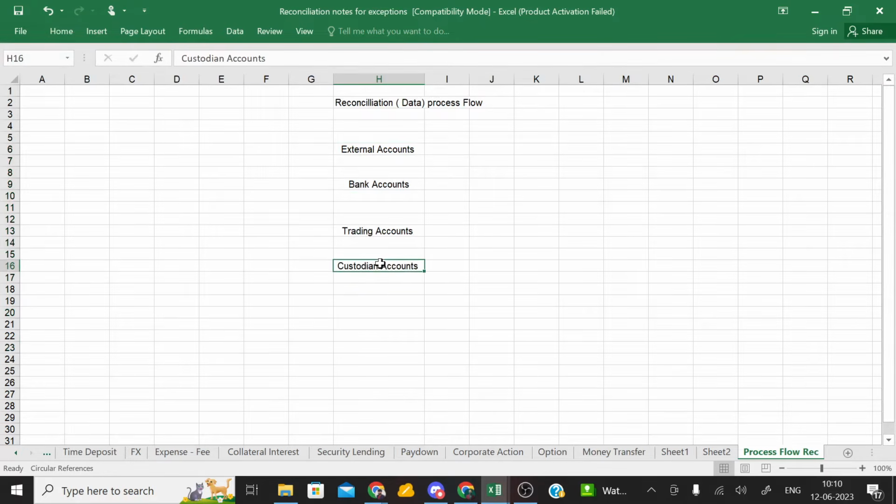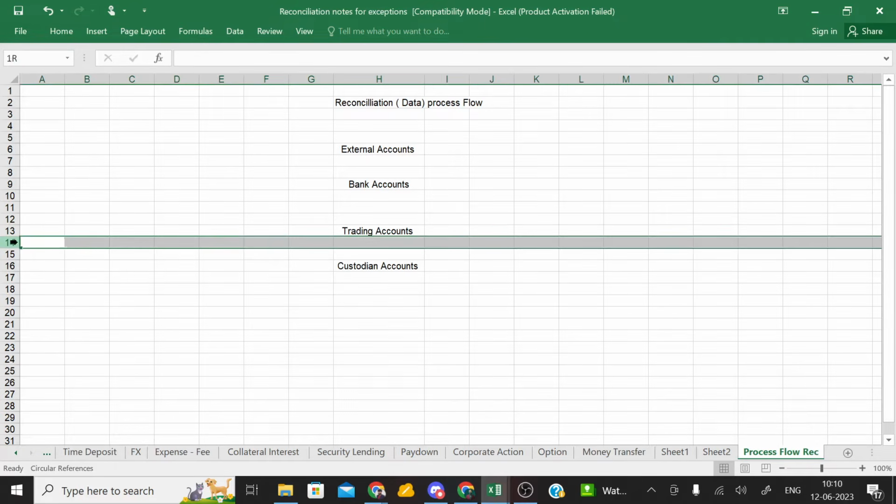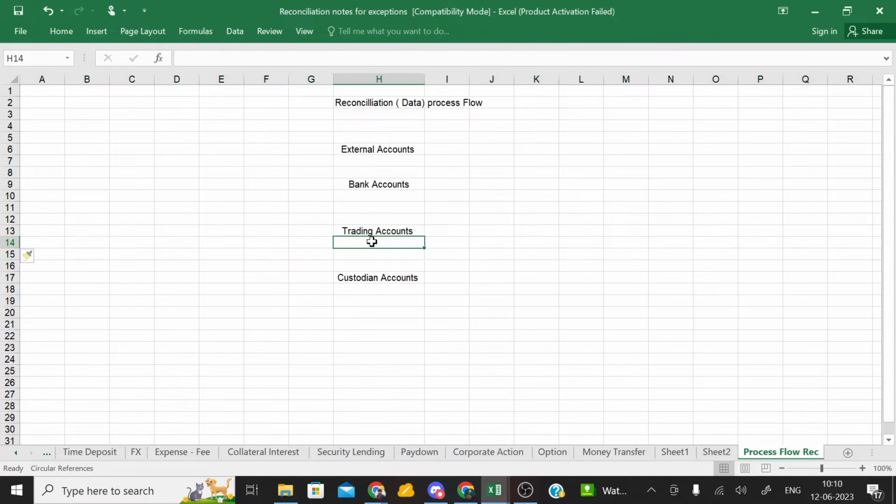You might see multiple custodians here, multiple brokers here. That depends. But for example, I'll just take one broker name so that you can understand in a simple way. ICICI is the trading account. Then here we have custodian, and again we have ICICI as a custodian. In the international market, you might see BNY, NT, then CT who work as a custodian.